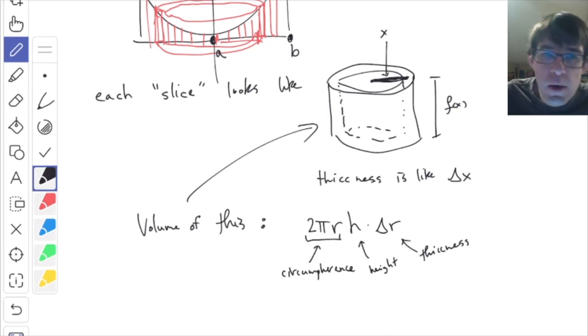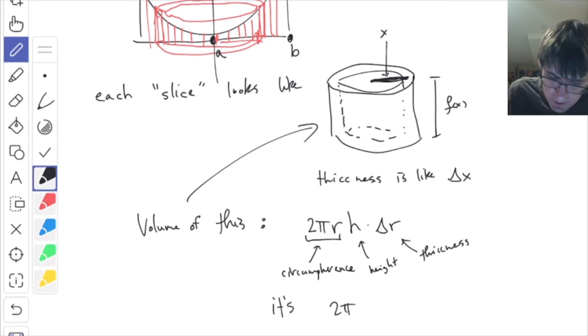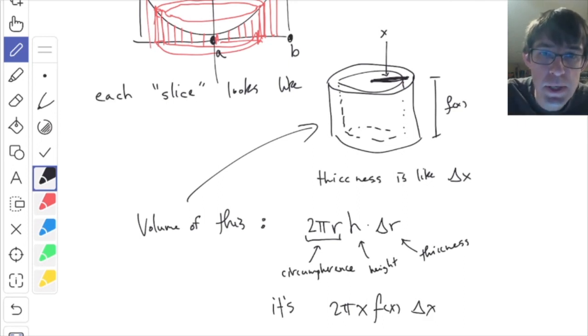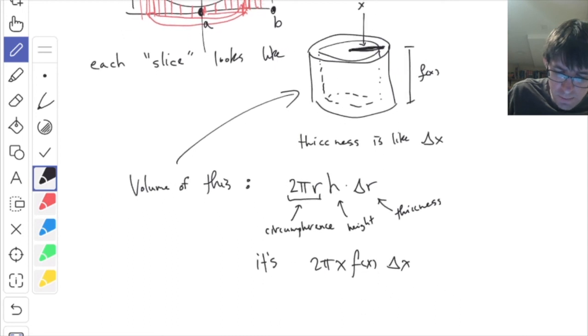And so using the variables from our setup, it's just 2 pi x f of x times delta x, which becomes dx in the integral. So this is our formula, and I'll leave it at this.